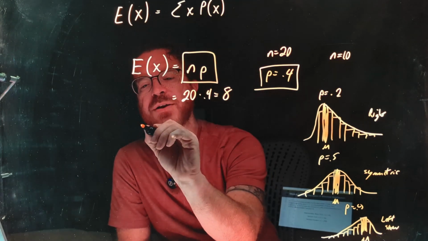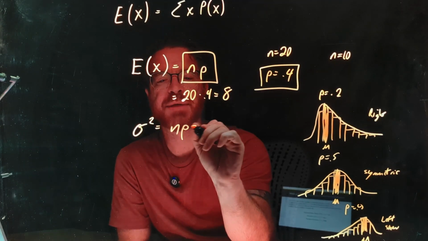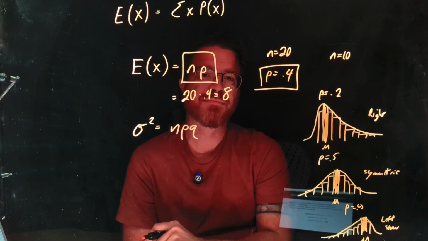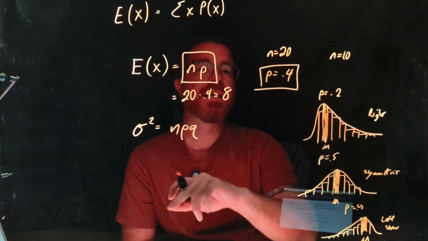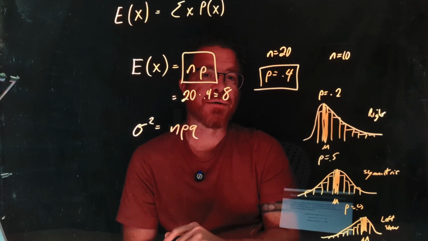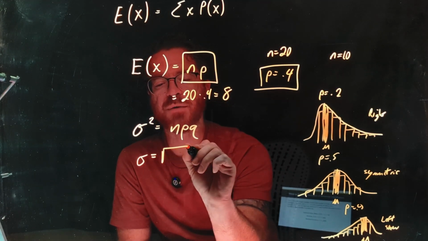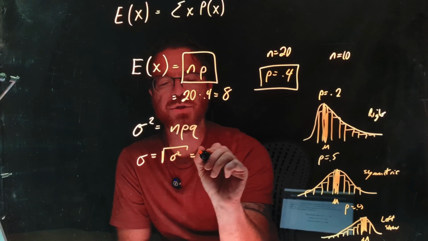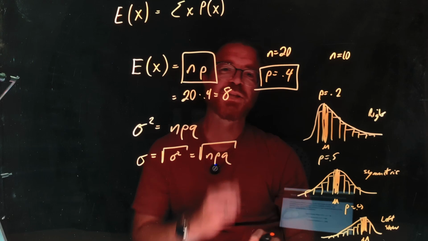Now, for our variance, it is just going to be n times p times q. So again, take your number of trials, multiply it by the probability of success, and multiply that by the probability of failure. And of course, if you want your standard deviation, it is just going to be the square root of sigma squared, which is equal to the square root of n times p times q.